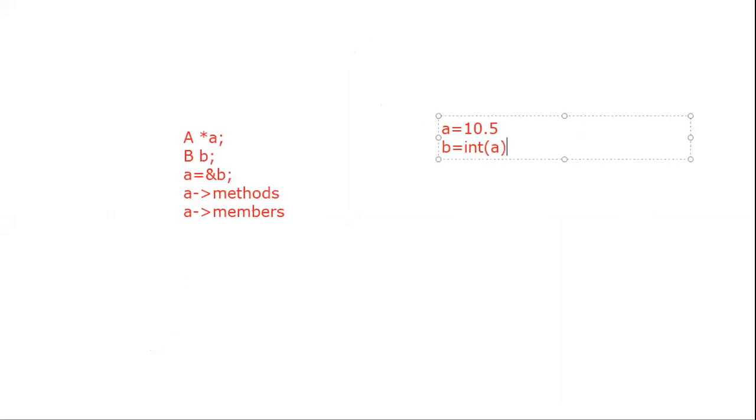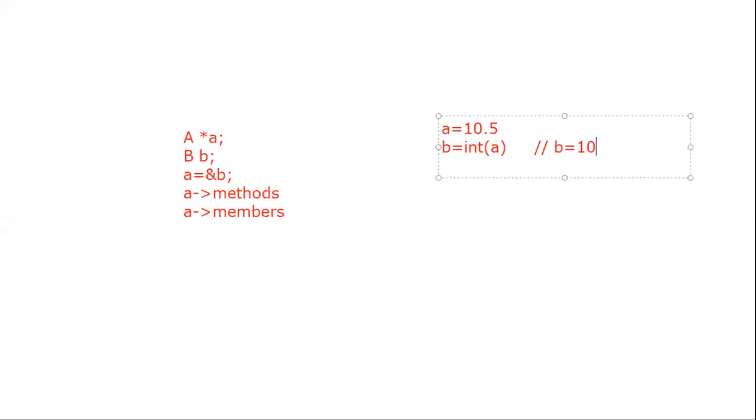Suppose I want to create one more variable b as an integer of a. What is the expected output for b, guys? 10. So in this case, b is nothing but 10. Why? Because you are going to convert that particular a variable into the b variable, but for integer type. So this is nothing but typecasting, guys.